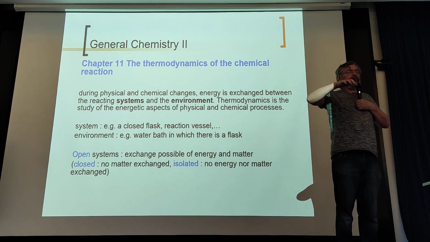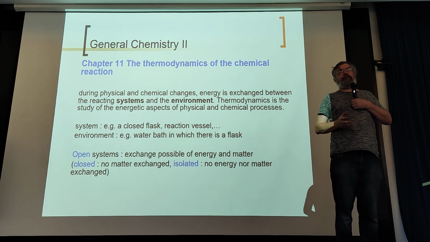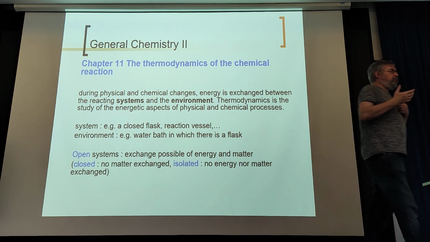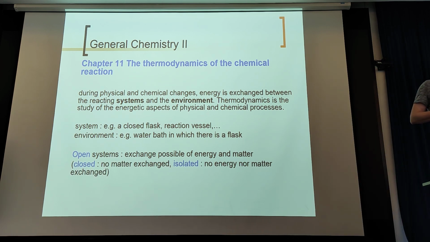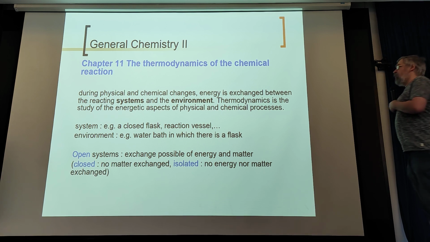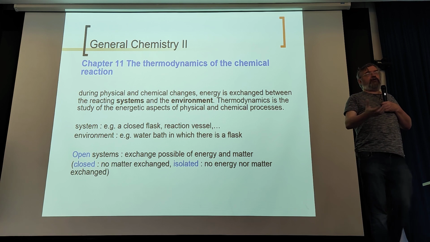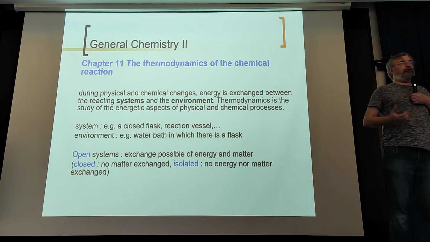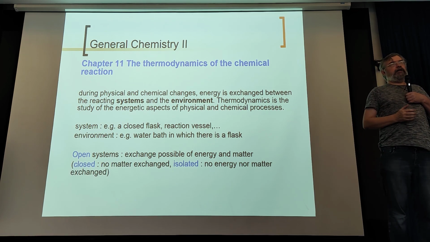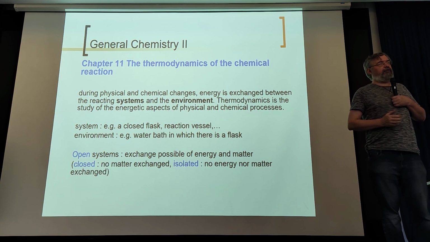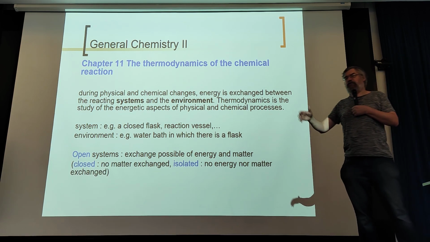Normally a system is within an environment, and it's a theoretical concept. What could it be in practice? So a chemical system could be a flask, where you're doing a reaction, or a reactor. The environment is everything around it.